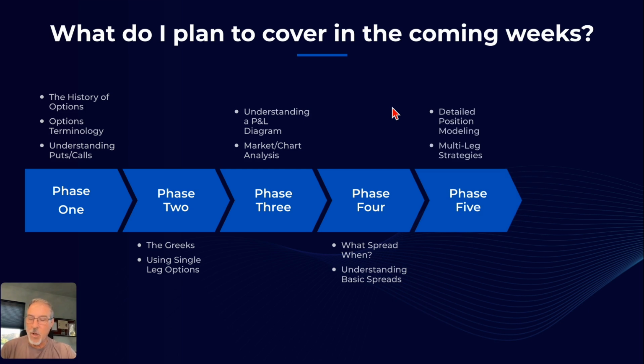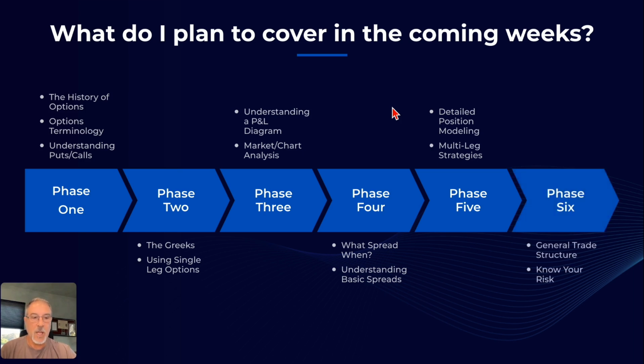And again, these are all going to be in little bite-sized pieces. Then we're going to talk about detailed position modeling and multi-leg strategies like condors and butterflies. And then we'll talk about general trade structure, knowing your risk, and how adjusting a trade will allow you to shift your risk as your market assessment shifts.